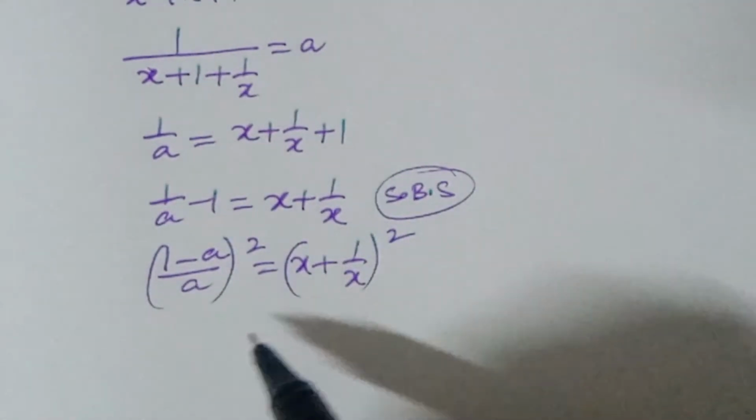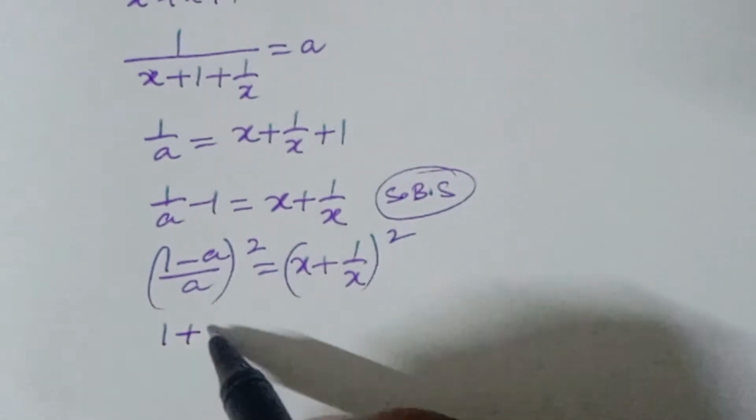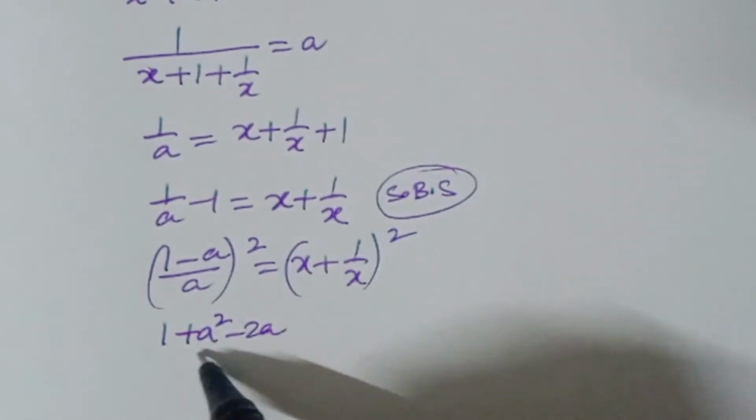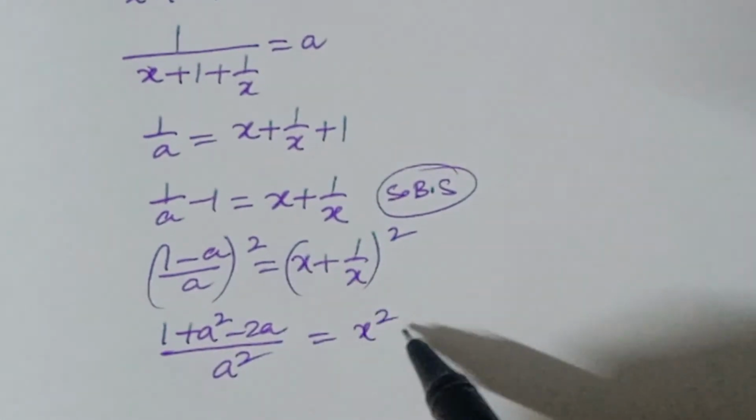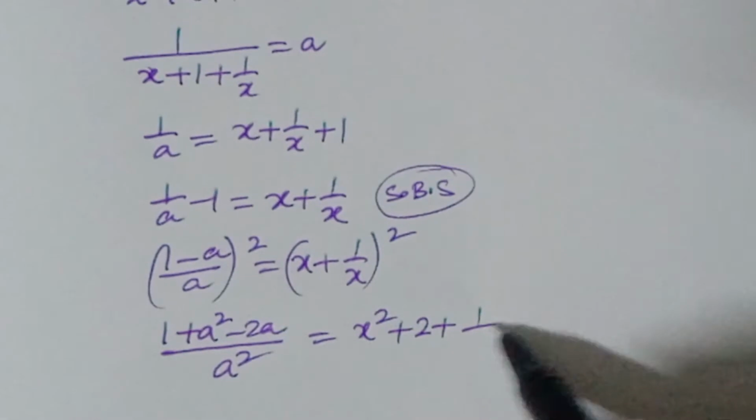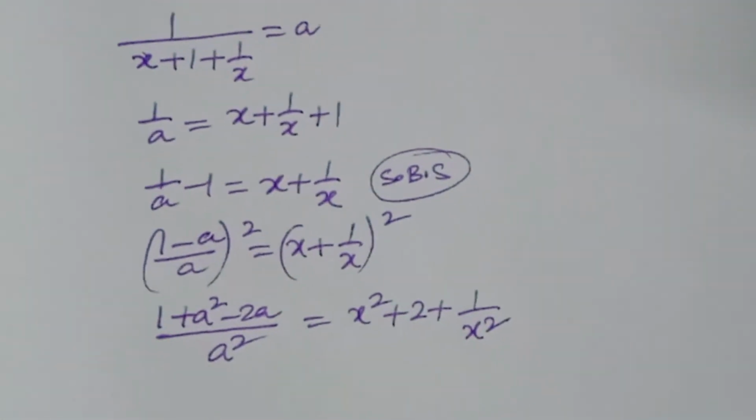So what will we get here? 1 plus a square minus 2a by a square is equal to x square plus 2 plus 1 by x square.